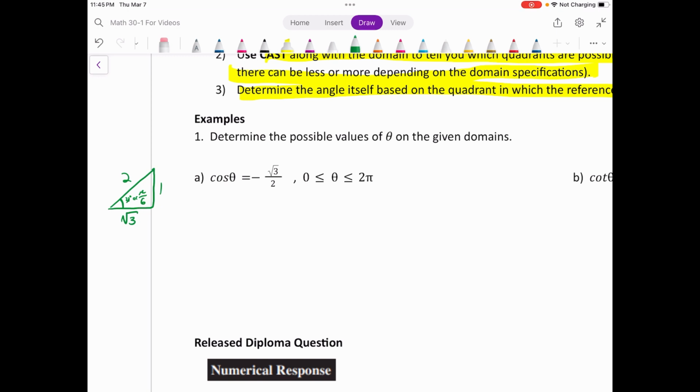So what we've just done, think about it. Any angle with a reference angle of pi over 6 will have a cosine ratio of root 3 over 2. So what we now know is that theta's reference angle is pi over 6. Okay, so find our reference angle. We kind of just did.